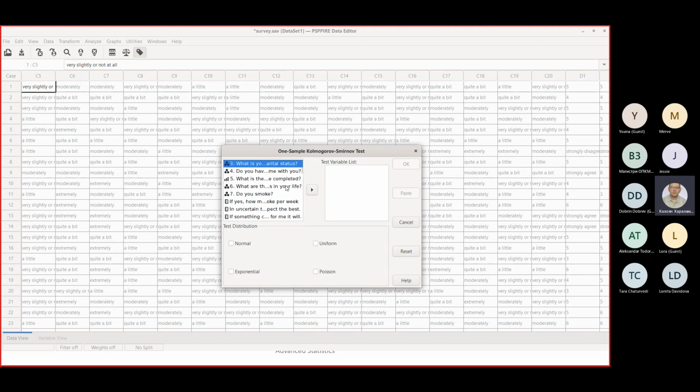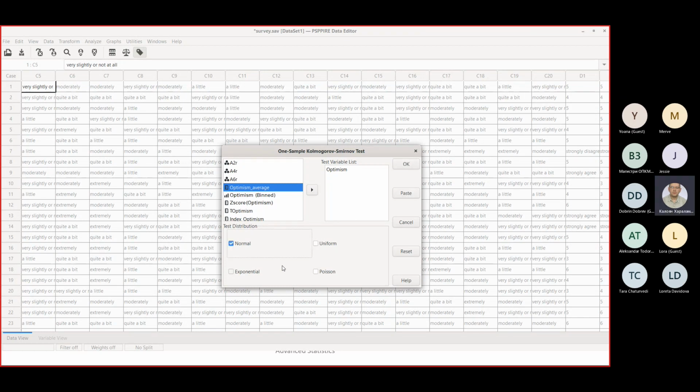After that, I have to find optimism and move to the right. Here, optimism, move to the right. And then I have to choose test distribution.